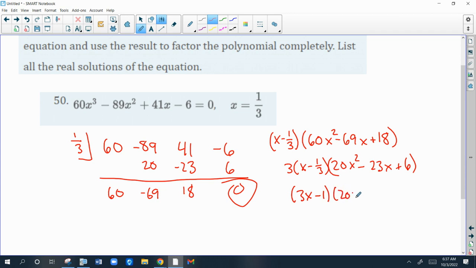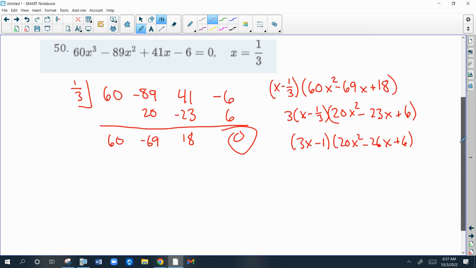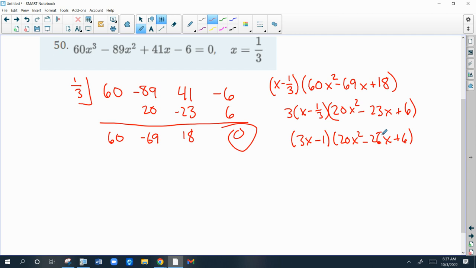And then we just have to factor what's remaining. So, oops, that's a 3. I don't know what I did there. So 6 times 20, A times C method, is positive 120. We have to find factors of 120 that add up to -23. So I know, let's see, 60, 40.